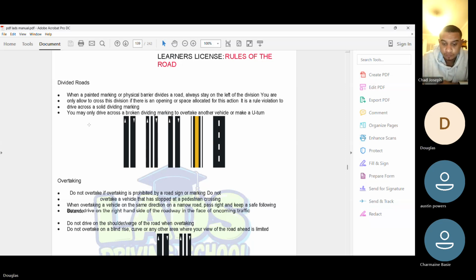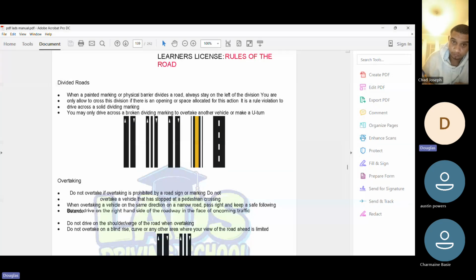So we continue. The road where you are allowed to overtake, where you are allowed to cross to the other side, is this road. The line in the middle is broken. The difference is this one, the line is completely solid from the beginning until where it ends, and this one is broken in the middle.